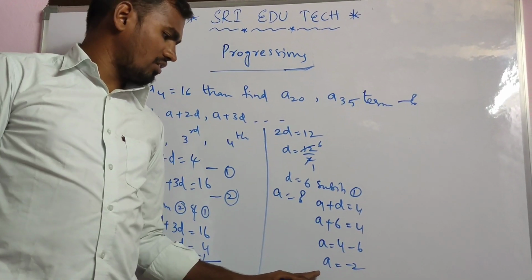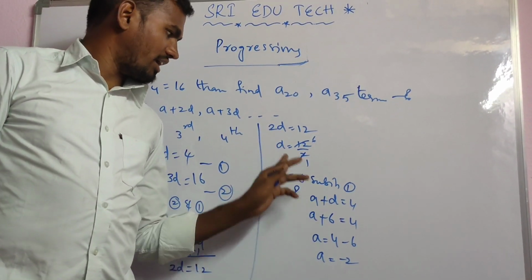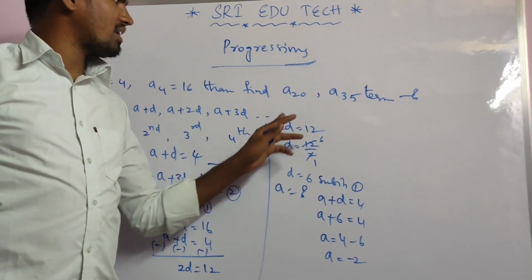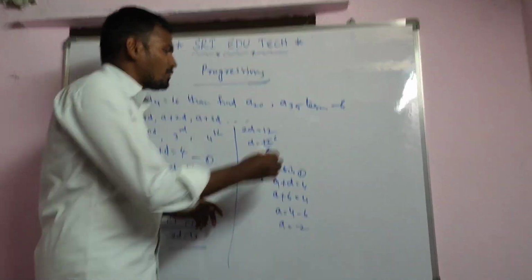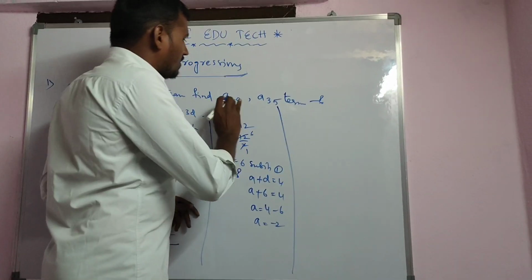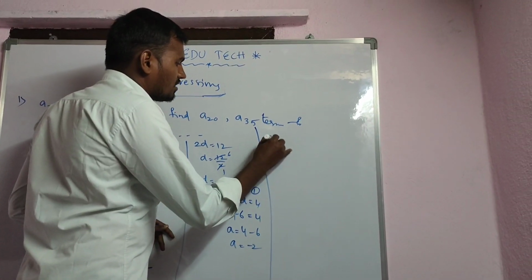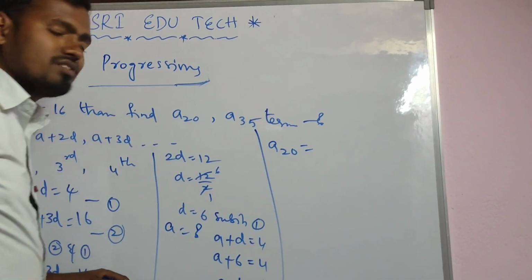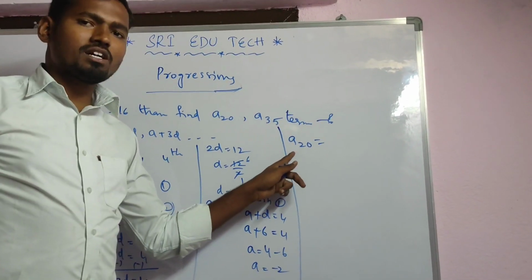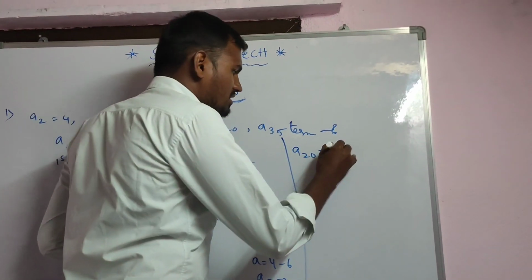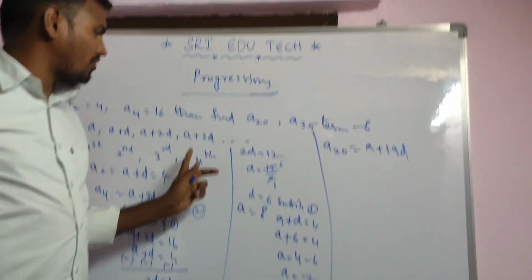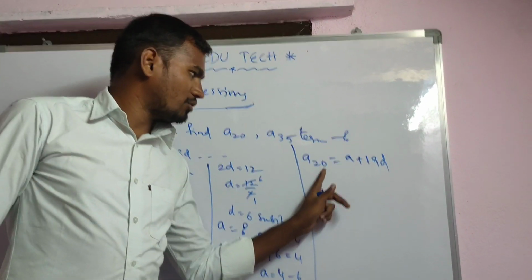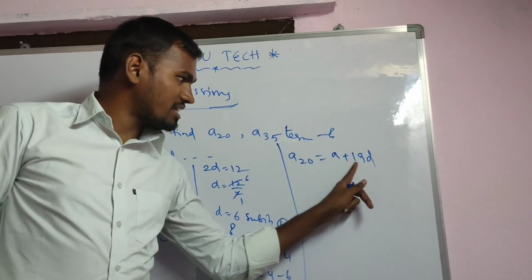Right, now you know A value and D value, then we can automatically find these two values. Let us see, it's very simple. See, what is that? A20. A20 is equal to, A20 is nothing but what only? A plus 19D. Already I said just before. Okay? A20 is equal to A plus 19D.